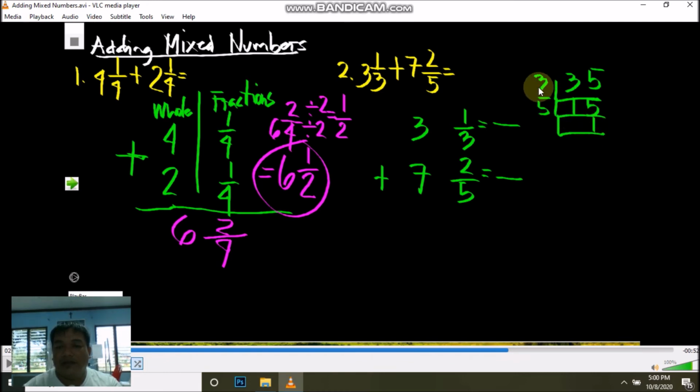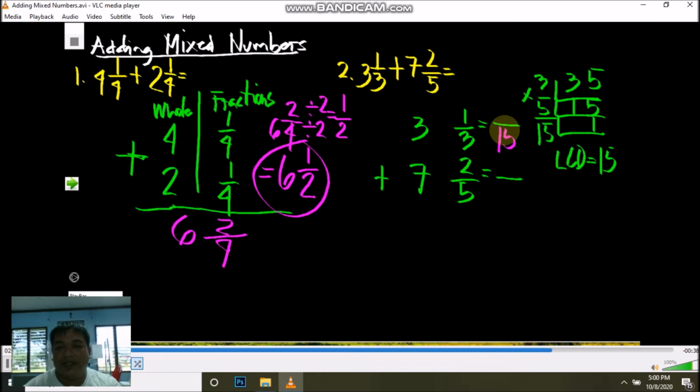Now what we're going to do is multiply all the prime divisors. So 3 times 5 is 15. So 15 is now the LCM, or least common multiple, which can be used as the LCD, the least common denominator. So you just put 15 here as your LCD.